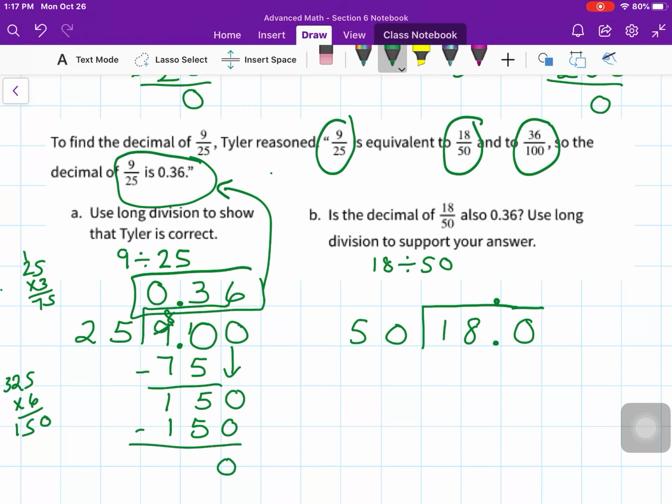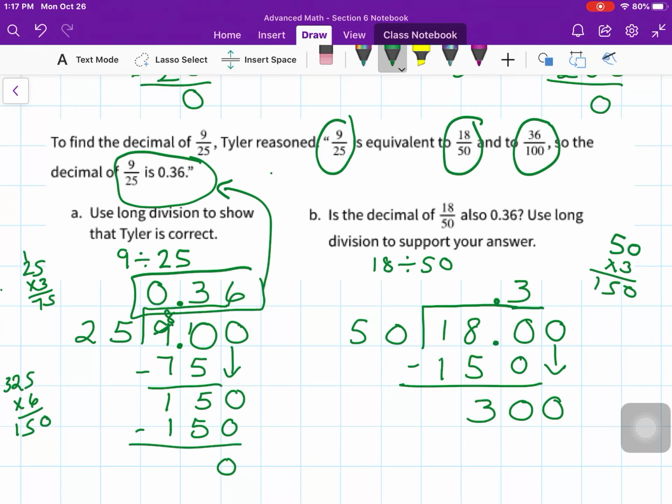And think 50-cent pieces now, or 50 cents out of $1.80. Probably looks like I could get 3 out of there. And again, 50 times 3, I can do my math off to the side to get 150. Subtract to get 30. Check to make sure it's smaller than 50.